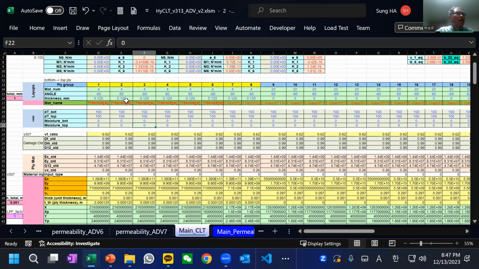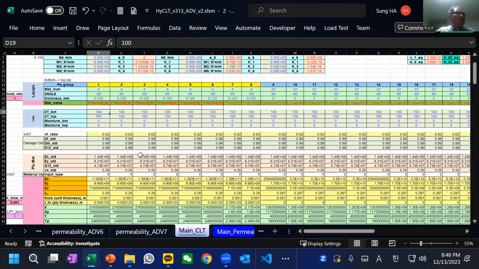Okay. Now, with this layup sequence, of course, we can consider temperature distributions through the thickness.